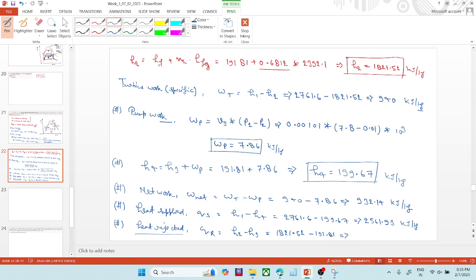So this value will come out to be 1629.71 kilojoule per kg. Here, I have calculated all the things: the network, the heat supplied, the heat rejected. Now we can answer the questions asked one by one.